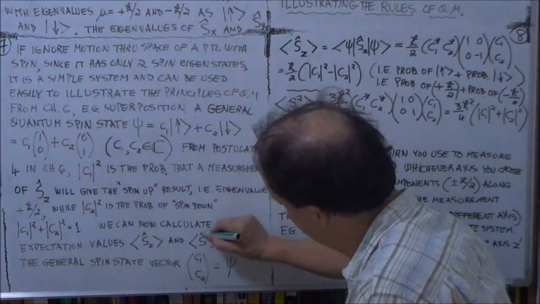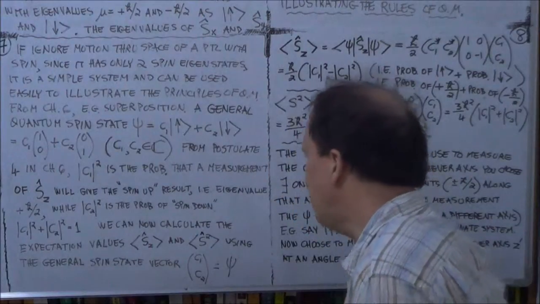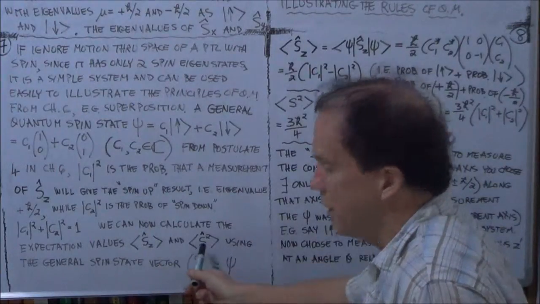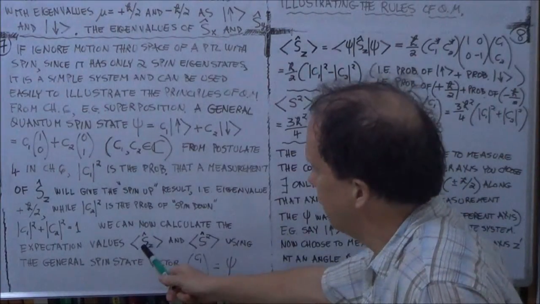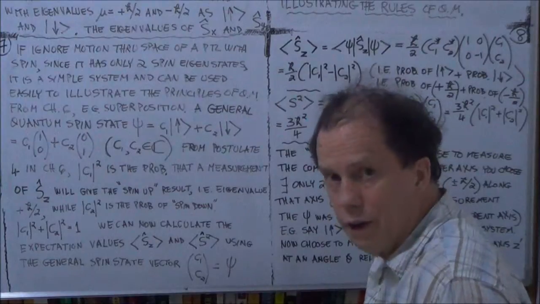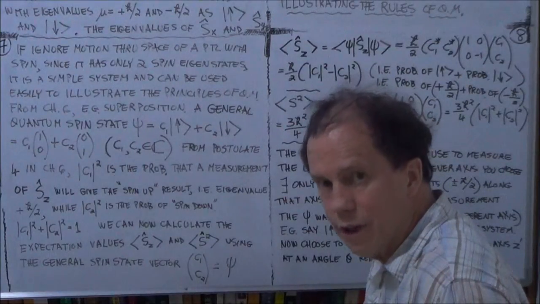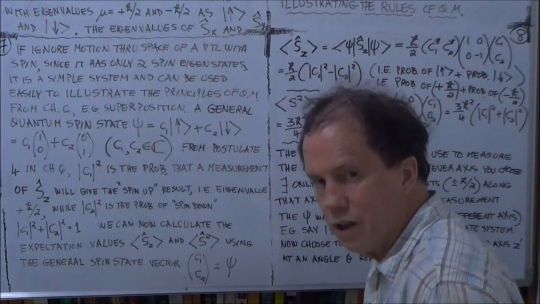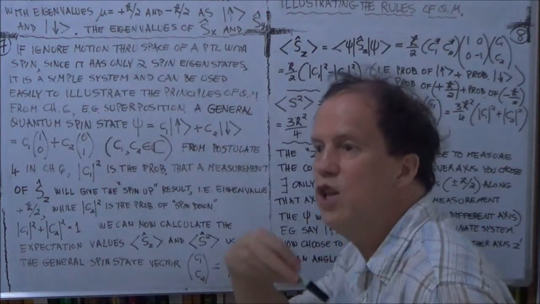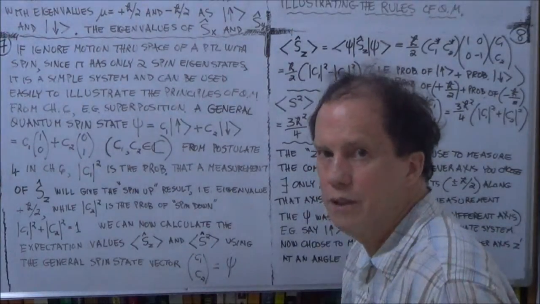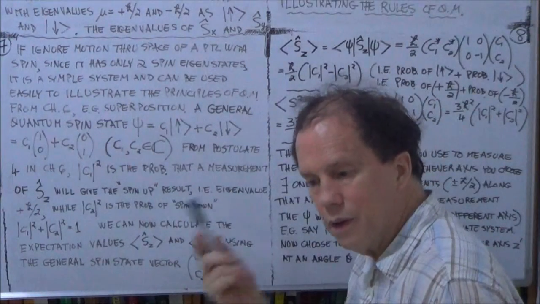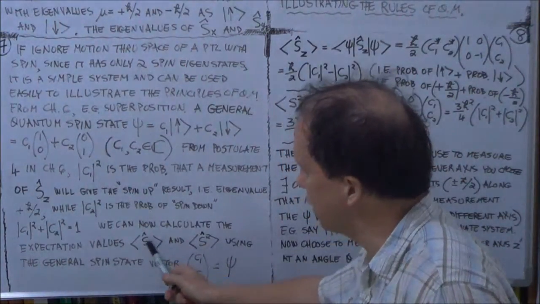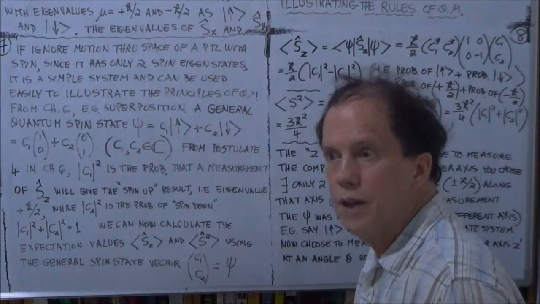So these are using this state. Now, of course, the expectation values depend not only on the operator, but also on the wave function. If you have a superposed wave function, you'll get a different expectation value than if the wave function you're using in calculating this expectation value were, say, an eigenstate.